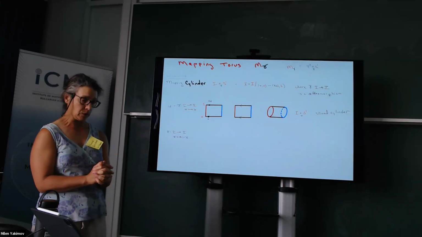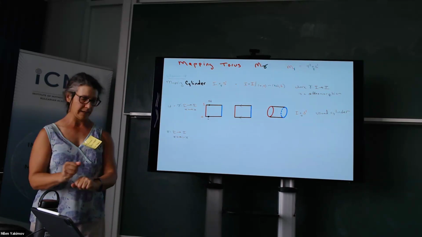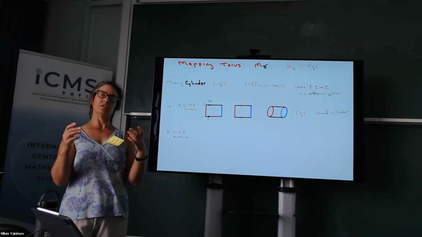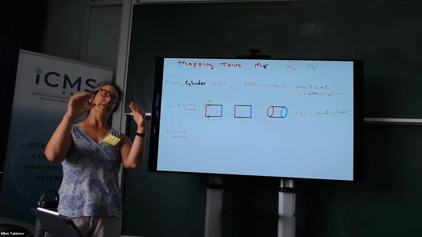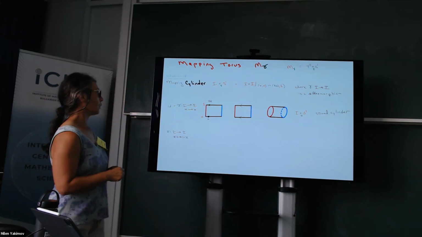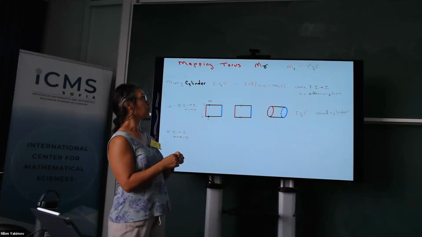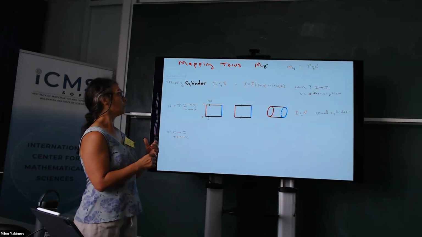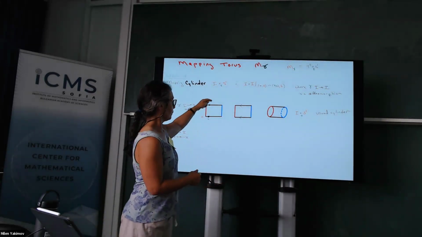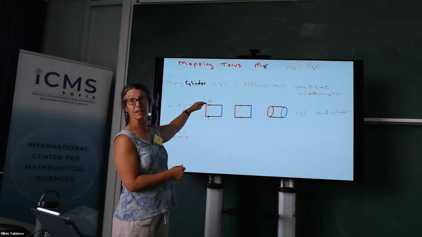Okay, so what is a mapping torus? I'm going to start out with what is a mapping cylinder. So a regular cylinder, how do you make a regular cylinder? You can take I cross I and then glue up, right? But another way to think of that is I have an interval across the circle, and I identified an X here with the same X there.